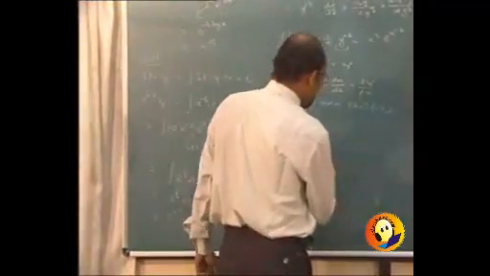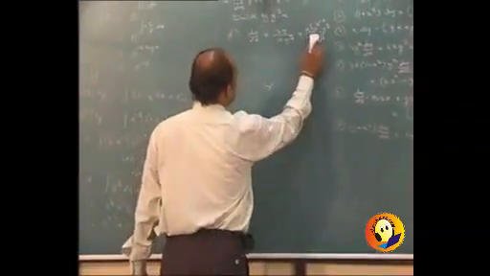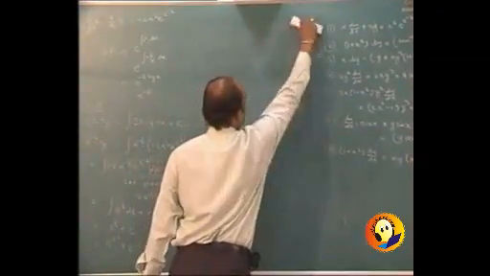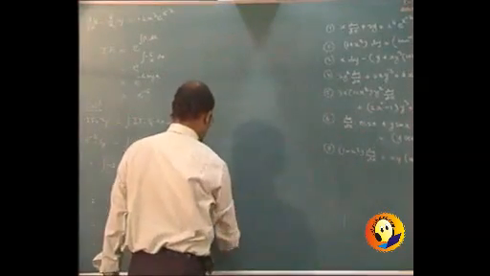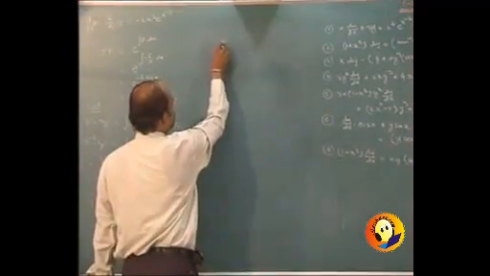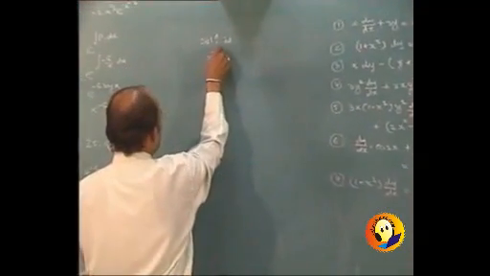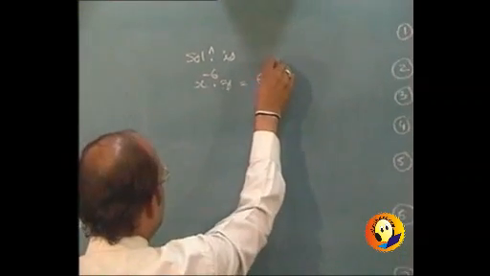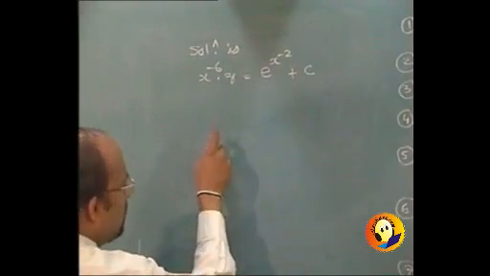We have already said that we should not forget to substitute for z. So the solution that we are getting right now should be rewritten first of all. So the solution is x raised to minus 6 into z equal to e raised to x raised to minus 2 plus constant, and z is to be substituted.